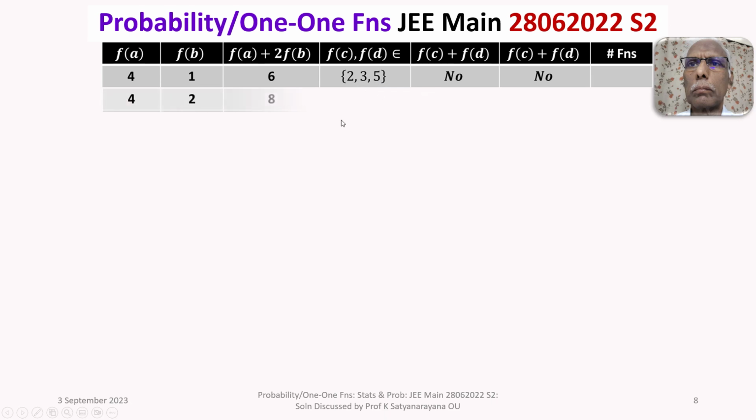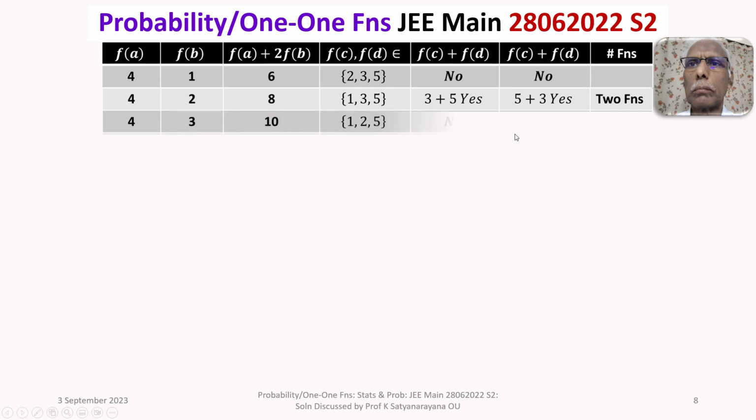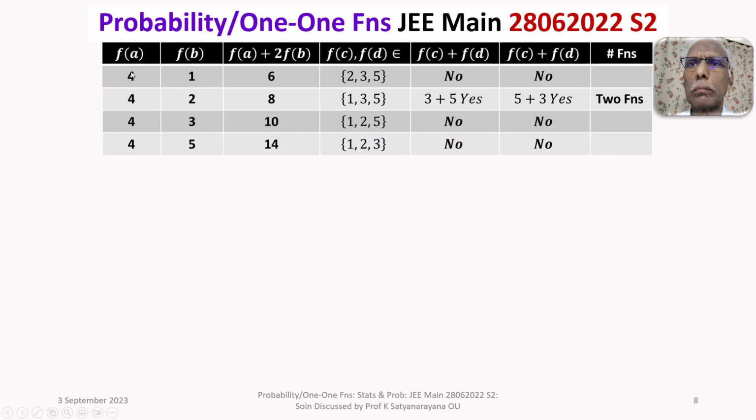No. But now take F of A is equal to 4, F of B is 2, F of A plus 2 times F of B is 8, F of C, F of D is 1, 3, 5. So we can write 8 as 3 plus 5 or 5 plus 3. So two functions will qualify. So in this case, with F of A equal to 4, two functions will qualify.